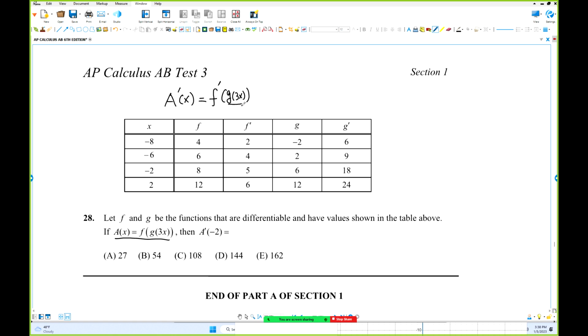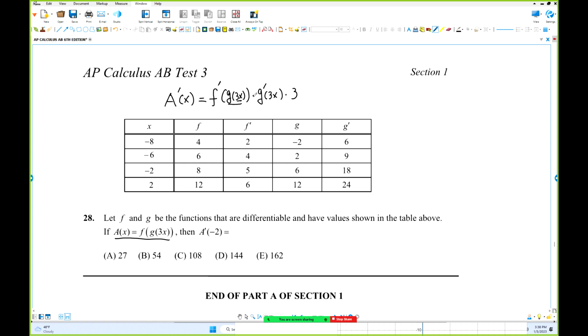So g first, we take g prime of 3x. That is the chain rule. After that, going into the 3x, that is still a function of x, so we take the derivative of 3x, which is 3. That's it.